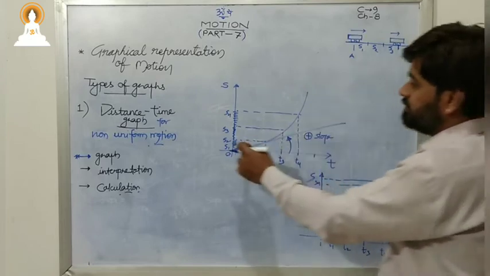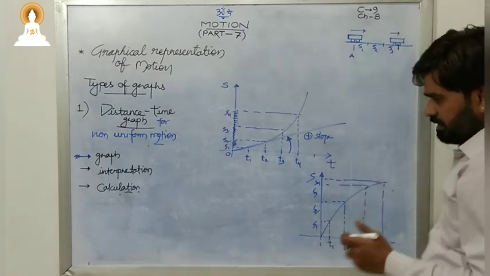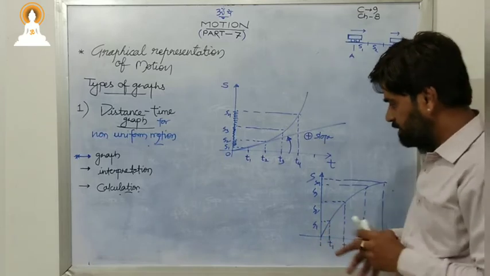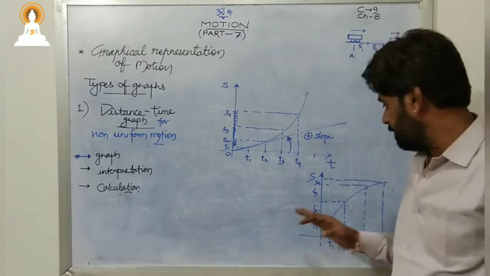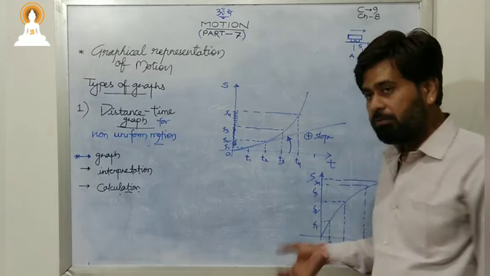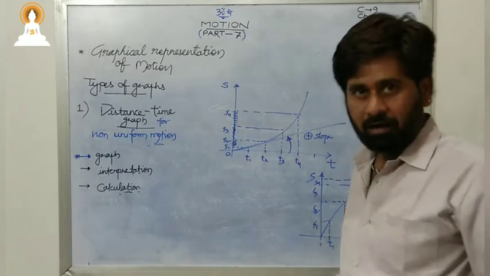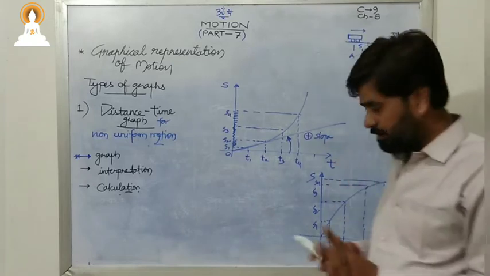Here the covered distances were increasing. Covered distances decreasing in a particular interval of time means what? Brakes are applied. Yes or no? Brake applied means that bike or car will retard, meaning deceleration will be there. Deceleration means negative acceleration.